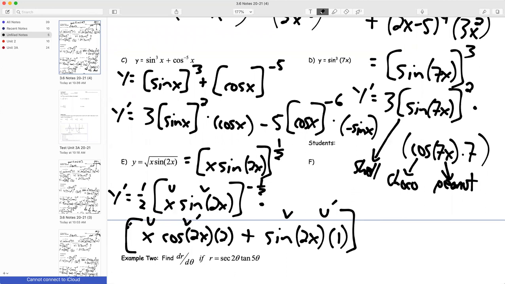Well, these are all multiplied together, but if I leave off the brackets, then I'm just multiplying this by the first part of the product rule, not the entire derivative. Can I put parentheses? Sure. Okay, but it must be enclosed then. Otherwise, it's not correct.